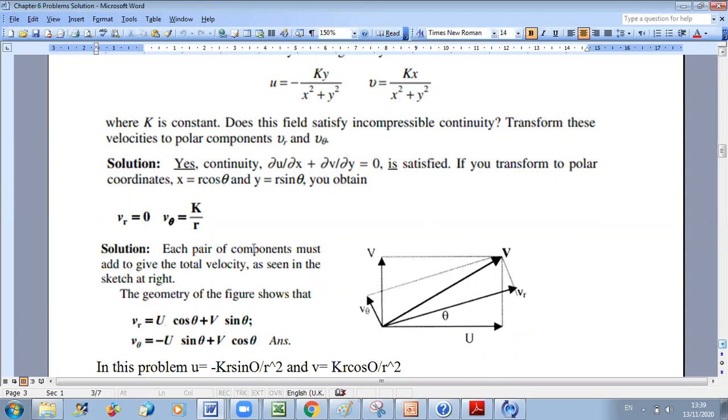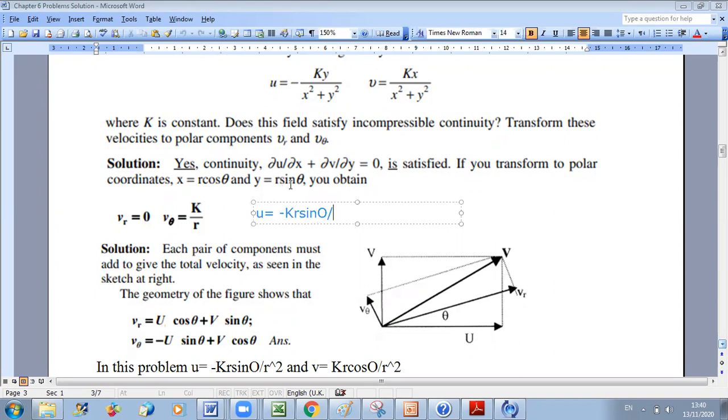So what we will do here, we will apply the following formulas for our problem. In our problem, we have u as a function of x and y. So the first step, I will replace x by r cosine theta and y by r sine theta. So what do I obtain? If we do the replacement, we have that u is equal to minus k times y, instead of y I will put r sine theta, over x squared plus y squared, which will give you r squared cosine squared theta plus r squared sine squared theta.